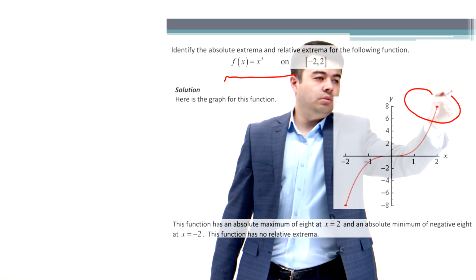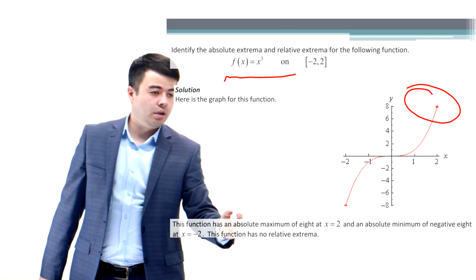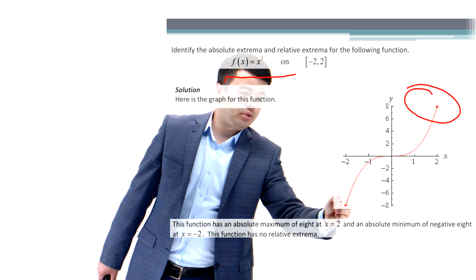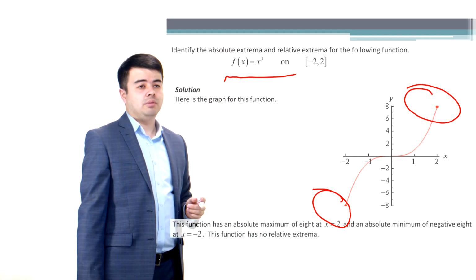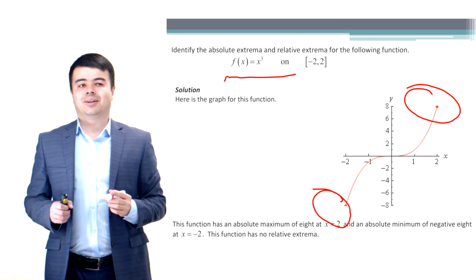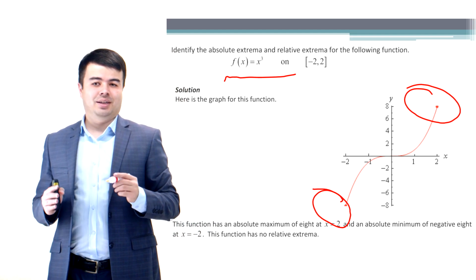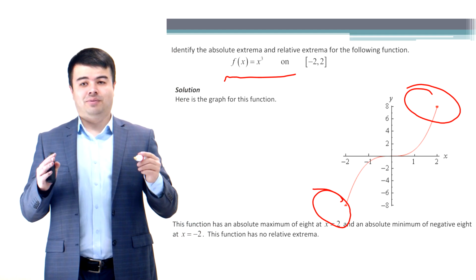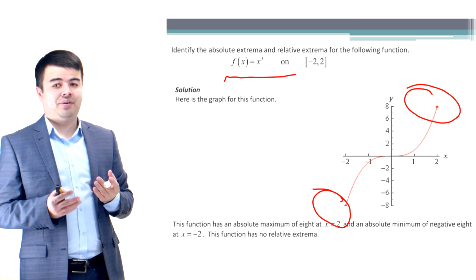This is absolute maximum, and this one is absolute minimum. Yeah. But they are not relative maximum or relative minimum. Why? Because again, they are endpoints of the interval. That's why they cannot be relative.